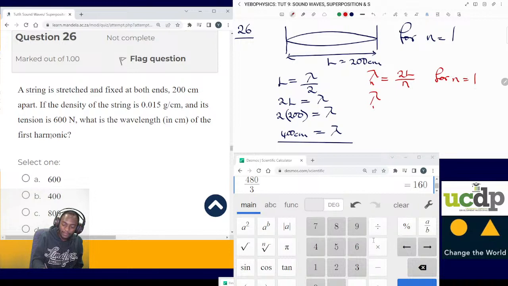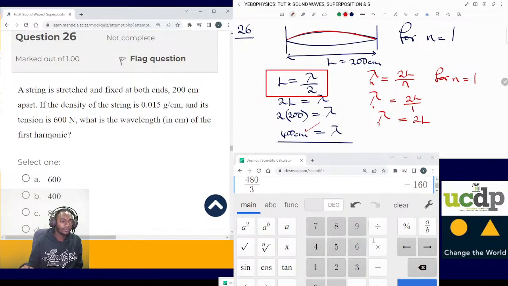So our lambda at the fundamental is going to be 2L over 1, which is still lambda equals 2L, exactly the same as what we analyzed here. From there up to there, it's half a wavelength, so the length is lambda over 2. Then you substitute and you still get 400 centimeters.